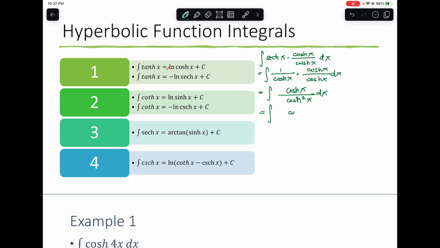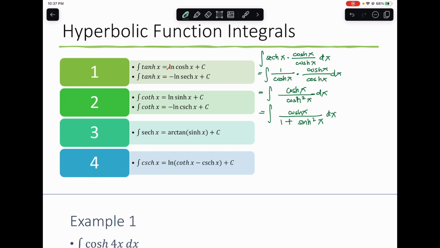But then we have the identity for hyperbolic cosine squared x, which is 1 plus hyperbolic sine squared x dx. As you can see here, our u squared is hyperbolic sine squared x. Our u is hyperbolic sine, so its derivative is hyperbolic cosine.